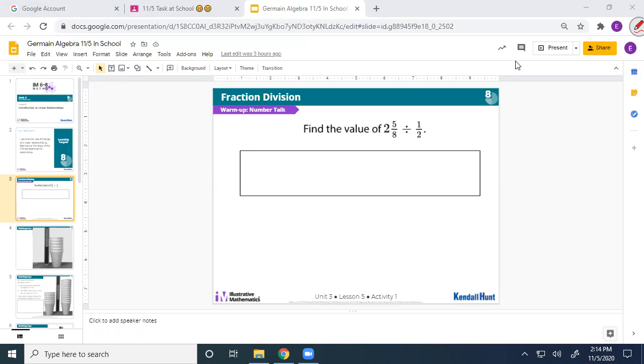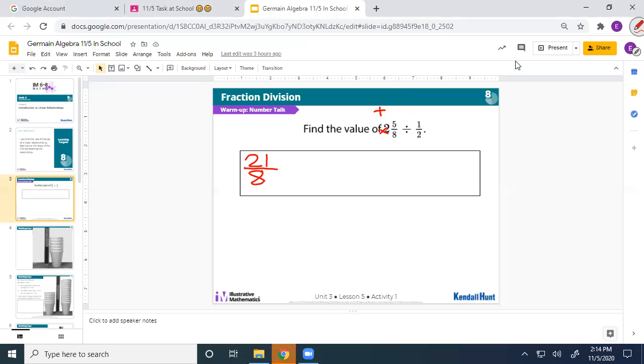Who can help me by telling me what the improper fraction is going to be? Melina. Very good, because you multiply the whole number times the denominator, and then you add the numerator. So we multiply 2 times 8, get 16, plus 5 more is 21/8.